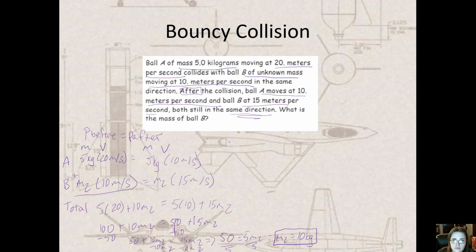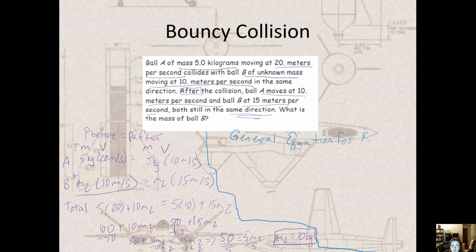Now, we can create a general equation for bouncy collisions. We look over here, we say this is mass 1.